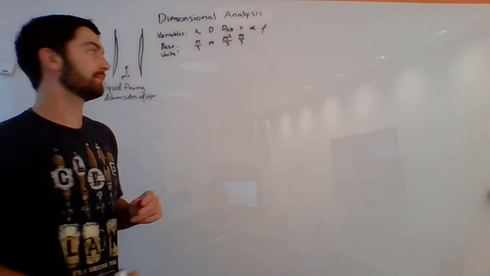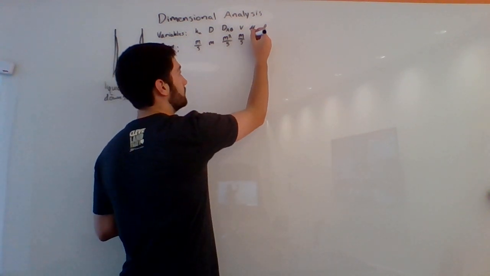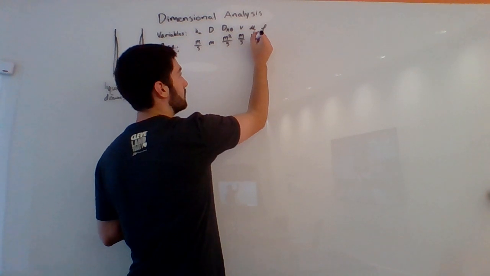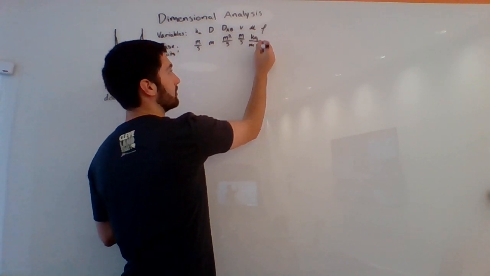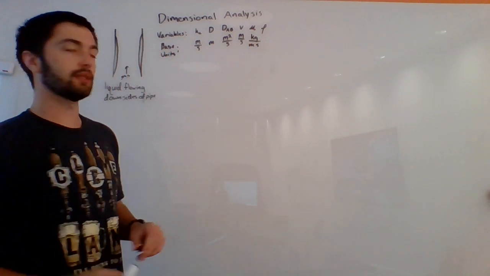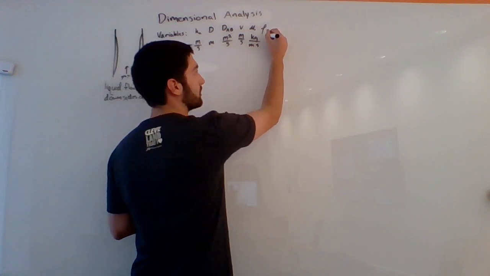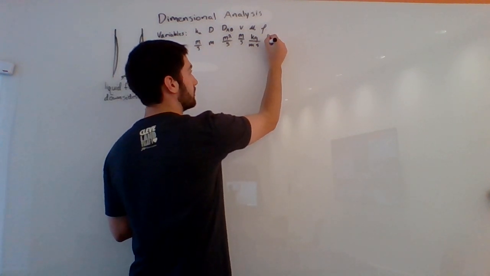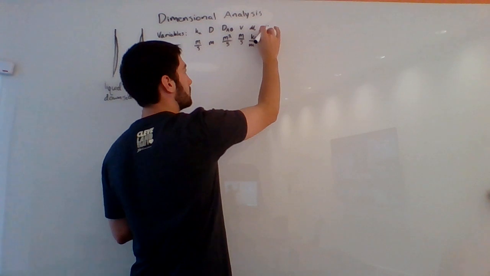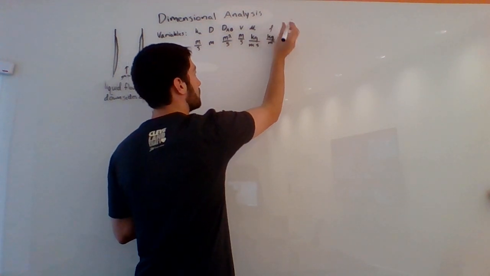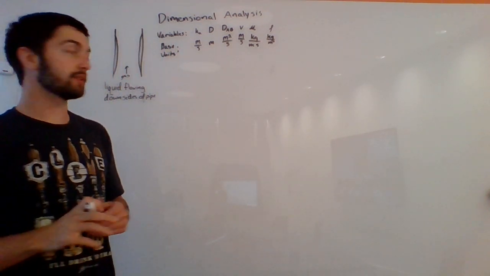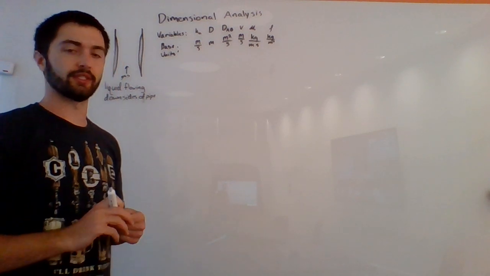The viscosity is kilograms per meter second, and the density is kilograms per cubic meter. This is going to help when we make our dimensional matrix.